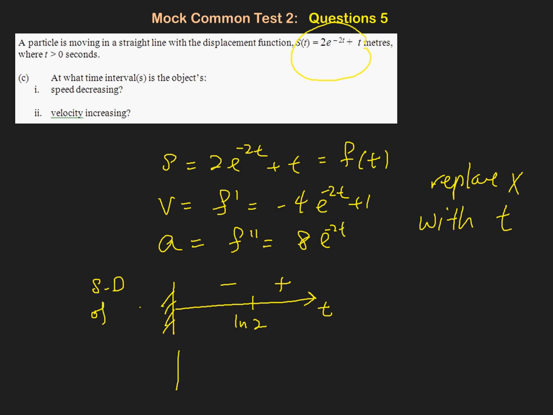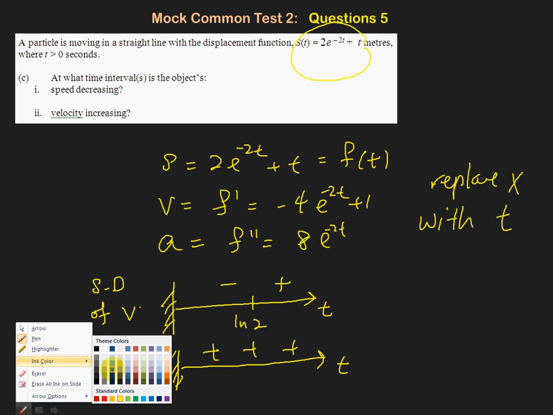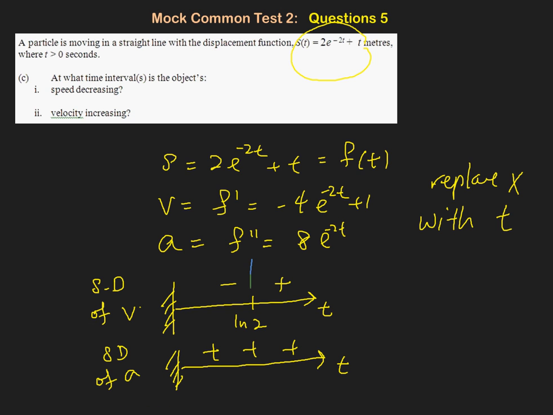The sign diagram of a, which is the f double prime. We have discovered that it can never be 0, so it's positive everywhere. And what you do now is find this place. Here, different sign. This is a positive, different sign. So what do we say?